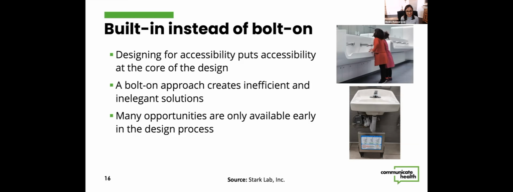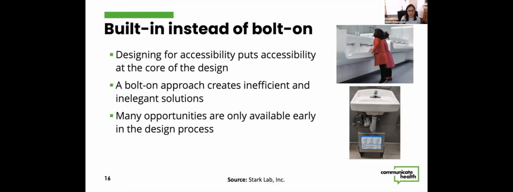Going back to that example that Fred shared a little bit earlier about adding ramps to restaurants, consider this. Wouldn't it be so much better to build in the ramp as part of the original design? This picture of a bathroom illustrates this idea of built-in accessibility beautifully. Providing a well-designed low sink is so much better than adding an ugly, hard to use, and potentially dangerous step stool as a bolt-on solution, which you can kind of see in the bottom picture there.